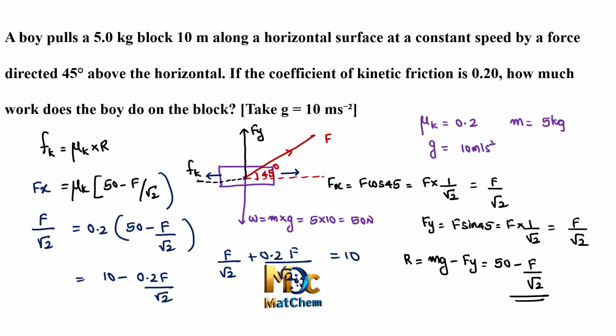The denominator is the same, so we can write F plus 0.2 F divided by root 2 equal to 10. Taking root 2 to the other side, F plus 0.2 F is equal to 10 into root 2, that is 10 into 1.414, which is 14.14.